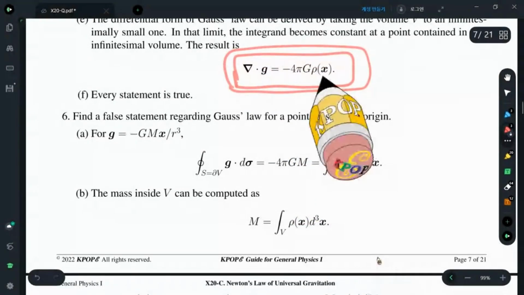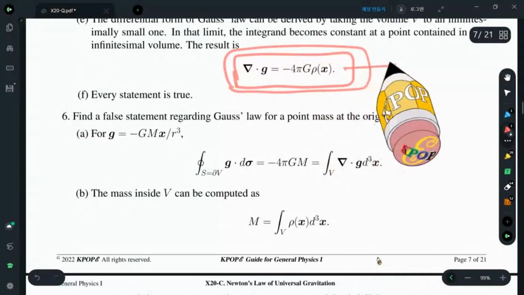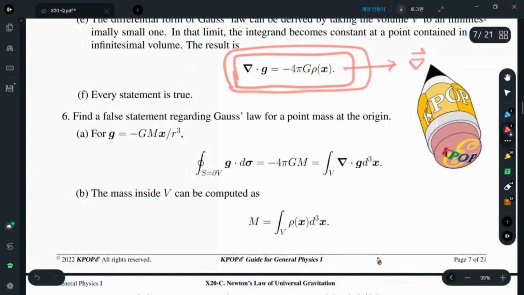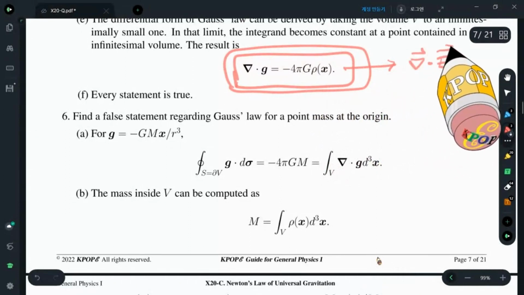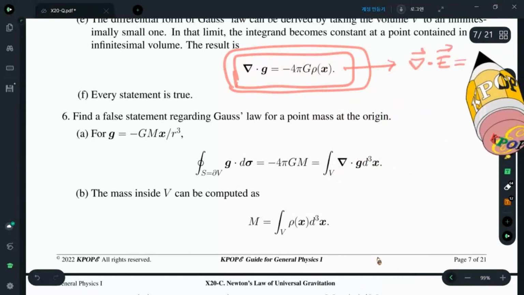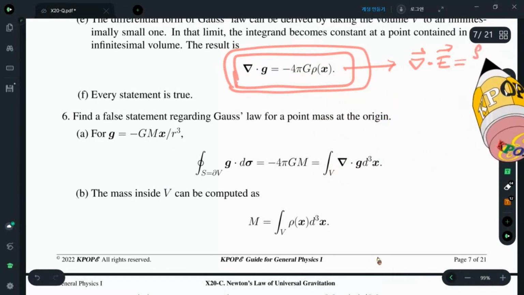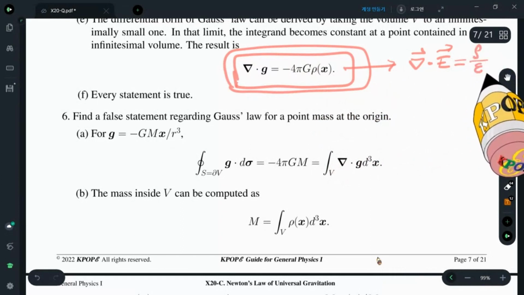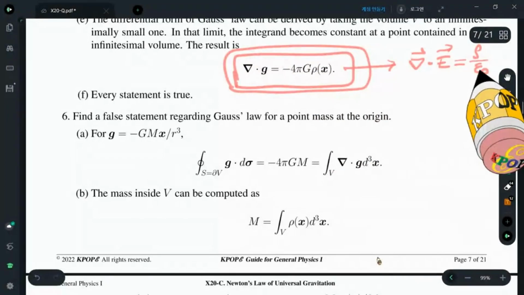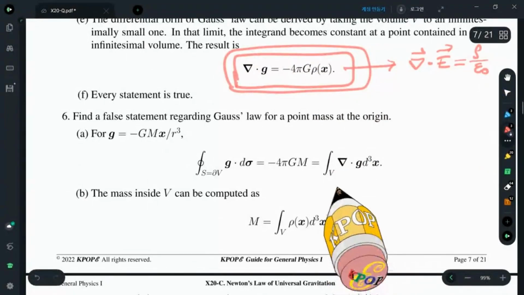When we study electricity later, you will find that this electric field divergence is just the charge density divided by the permittivity constant for the vacuum.